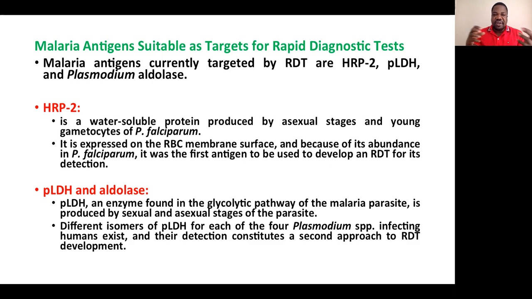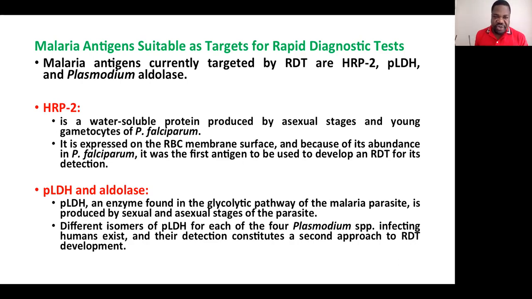There are 3 types of HRP, 1, 2, and 3, but HRP2 is the one abundant on the membrane surface of red blood cells infected by Plasmodium falciparum. That's why this antigen is validated to be used on the strip to make the test.